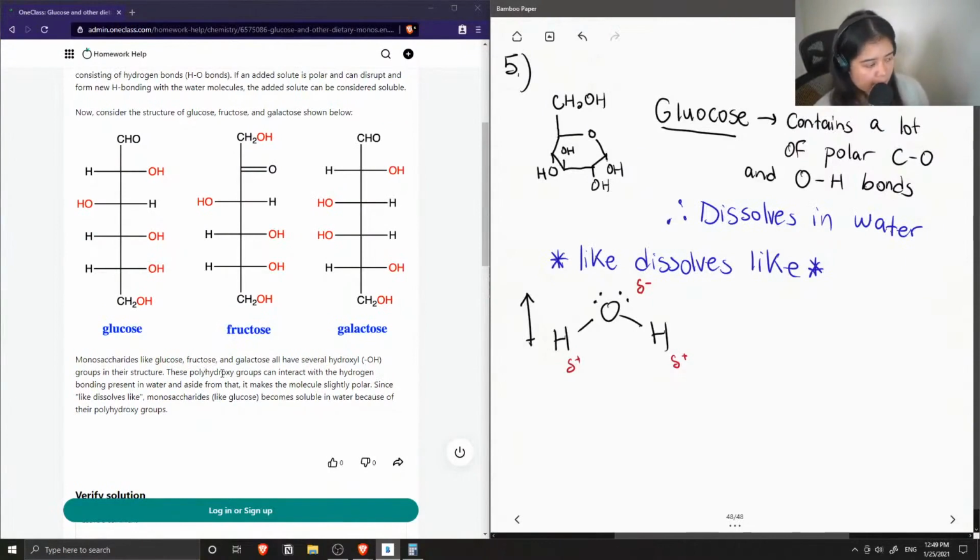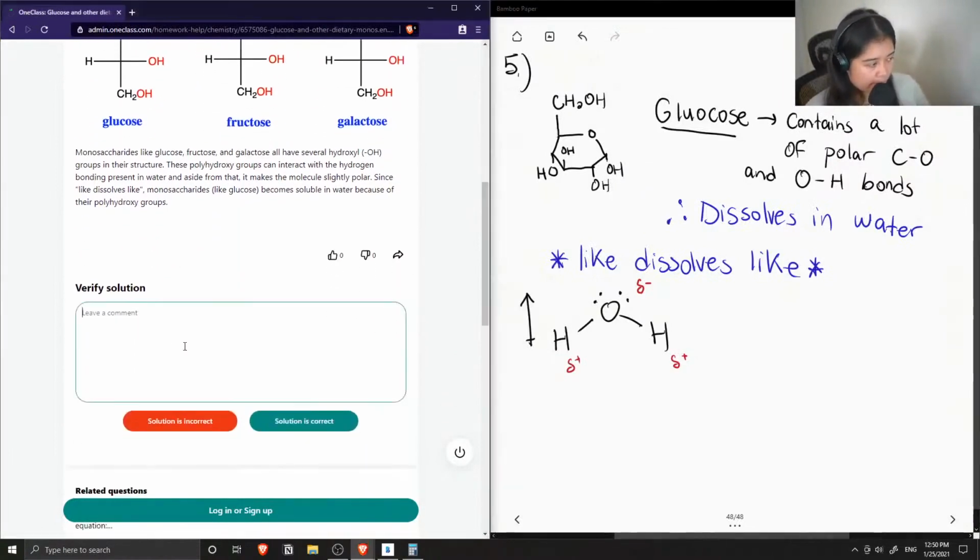These polyhydroxy groups can interact with the hydrogen bonding present in water, and aside from that, it makes the molecule slightly polar. Because of like dissolves like, monosaccharides like glucose become soluble in water because of their polyhydroxy groups. Yep. So this solution is correct.